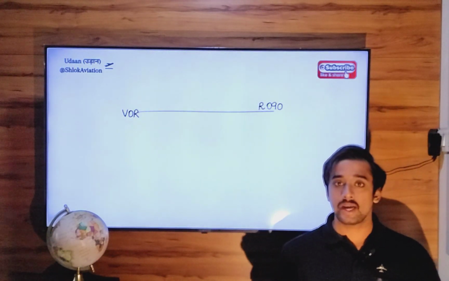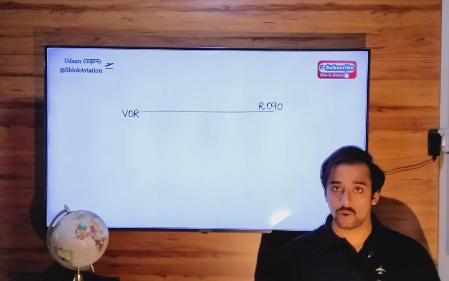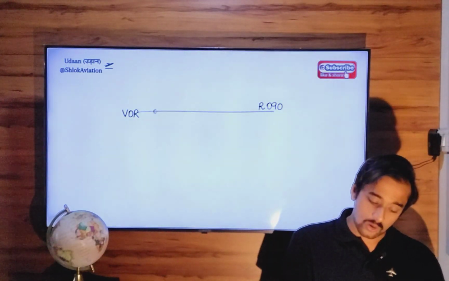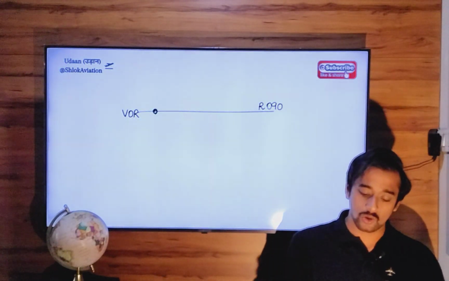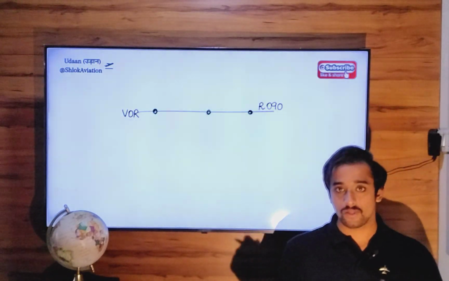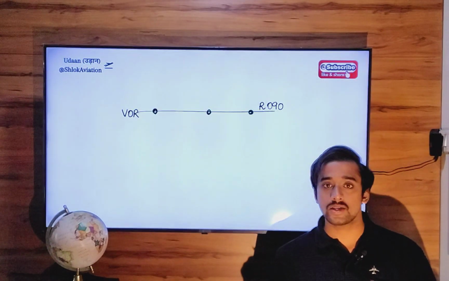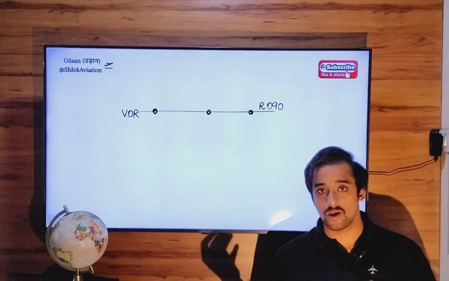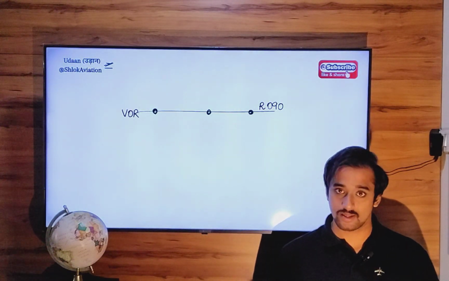If I say your aircraft is on radial 090, it may mean that your aircraft is very close to the VOR on radial 090, far away from VOR, in the center of this radial, anywhere. So if your aircraft is on radial 090, we do not know with certainty whether your aircraft is far away from the VOR station or close to the VOR station.